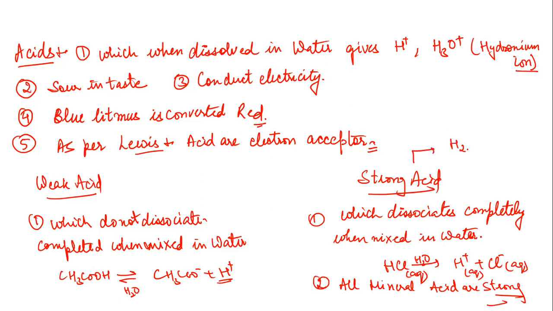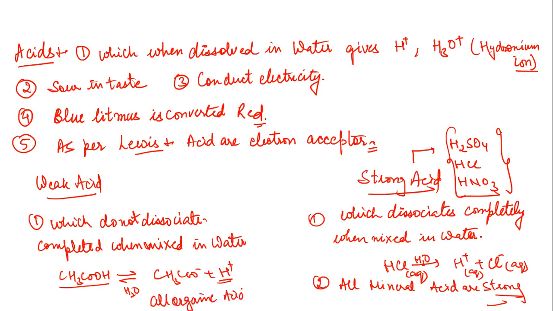Example, H2SO4, HCl, HNO3. They are strong acids. And organic acids are weak. Okay, clear? That is what about the acid.